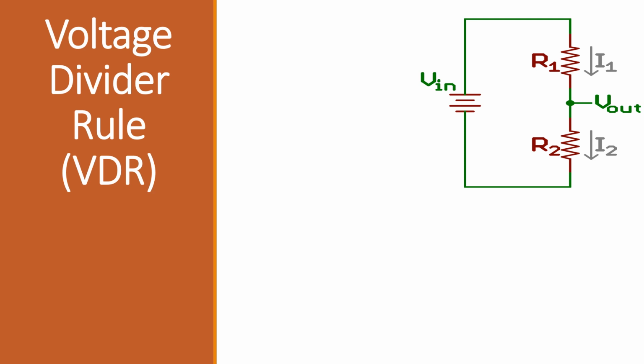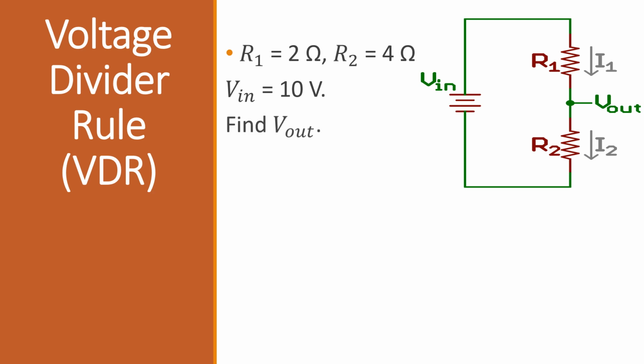Now look at this circuit. If R1 is 2 ohms, R2 is 4 ohms, Vin is 10 volts, then what is Vout?